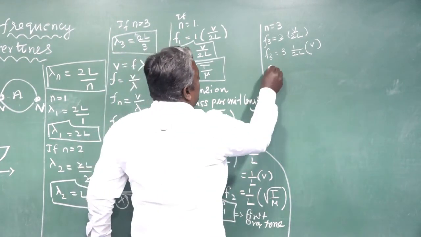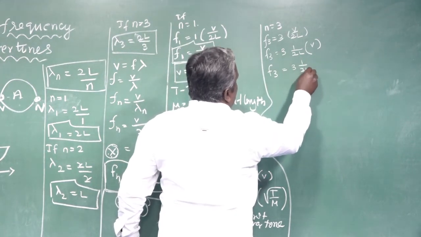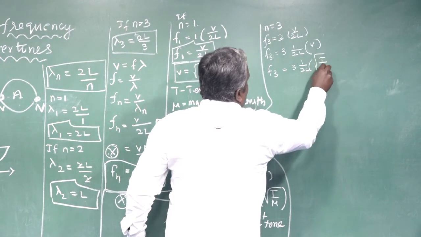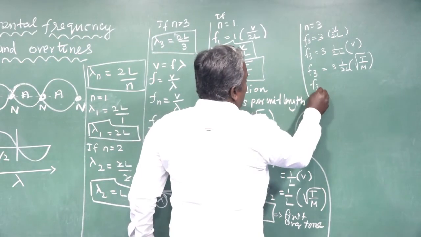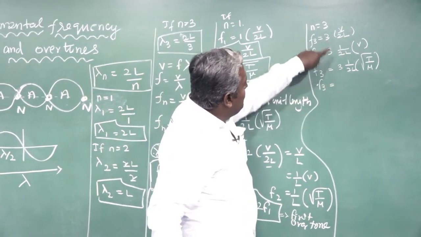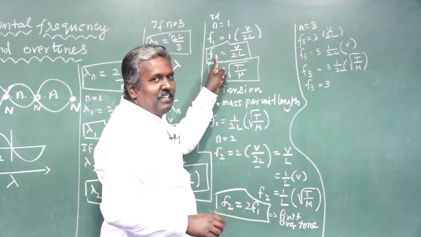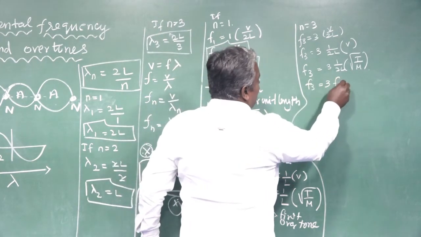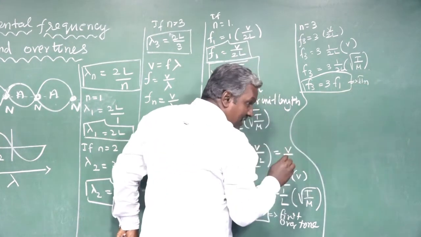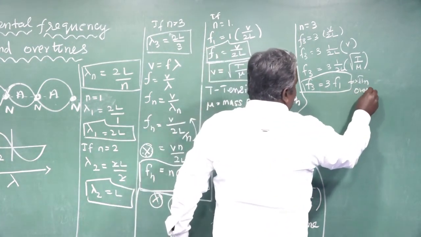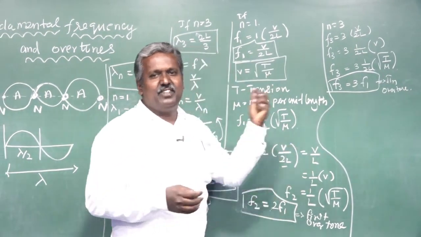So f3 is equal to 3 into 1 by 2L of root of T by mu. Or f3 is equal to 3 v by 2L, that is f1, so f3 is equal to 3f1. This is the second overtone. And so on continuously. f4 is equal to 4f1.